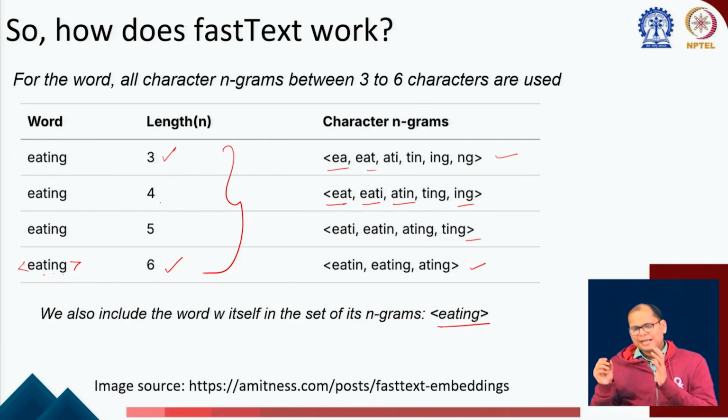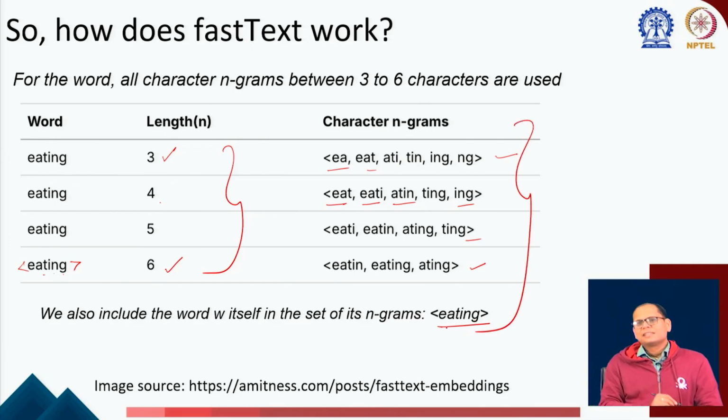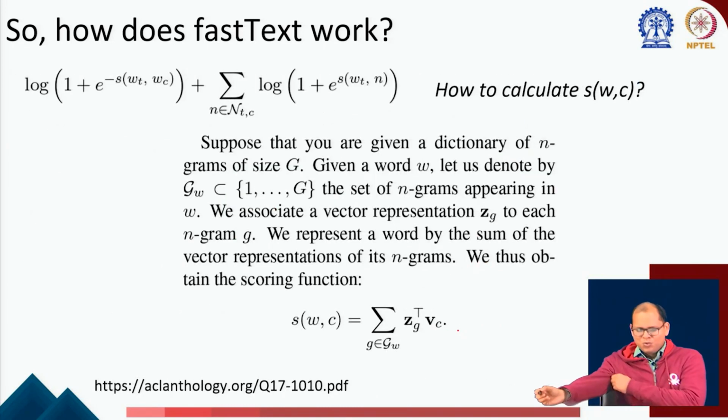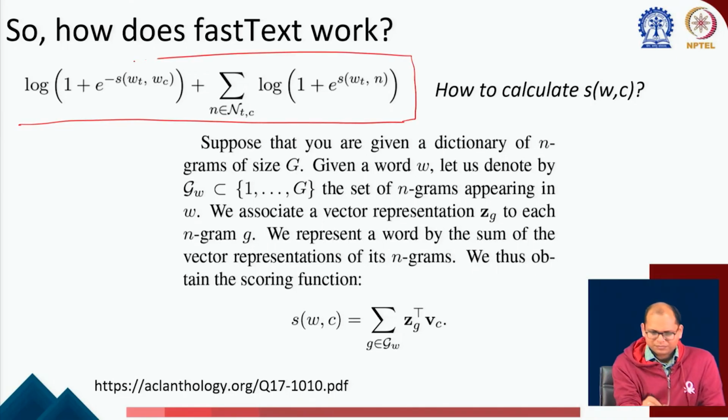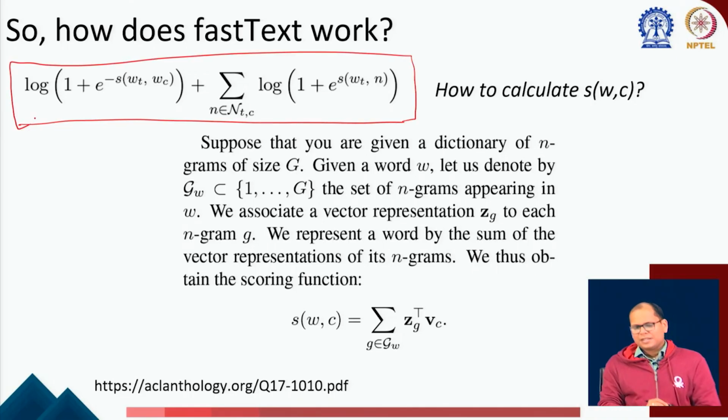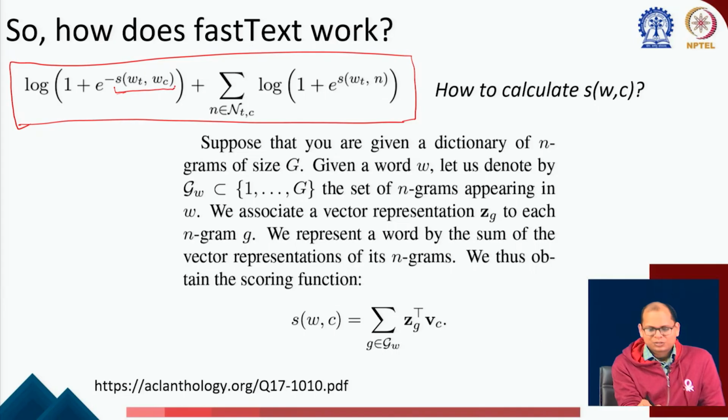Now this is the entire set that is there in the word eating: all these character 3 to 6-grams and also the word itself. Now how do I use that? Let's go back to our formulation. My question is, how do I write the score between word T and word C?